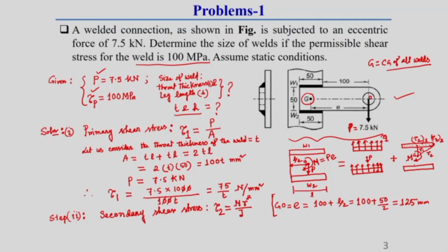So, to get the maximum secondary shear stress, we have to consider the location of the weld which is the farthest distance from G. As these two welds are symmetric and it is the midway length of this weld, you can observe that the farthest point is any corner point of the weld.